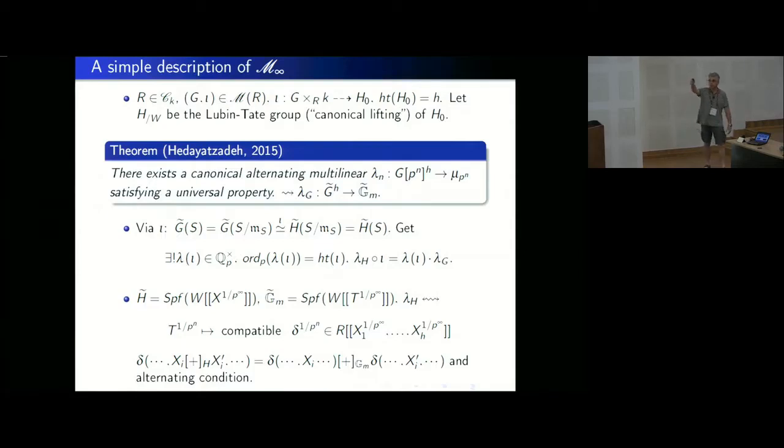So that's a multilinear map, so it's additive in each variable separately and alternating. So you can write down what it means. You'll have to apply, inside between the x's, the formal addition of the formal group H, and outside, once you get the result in Gm, you'd have to apply the formal addition of Gm.